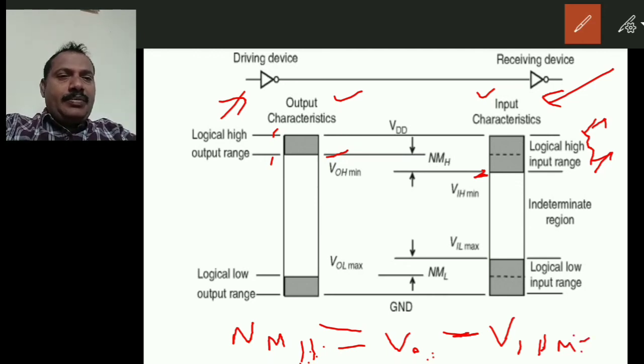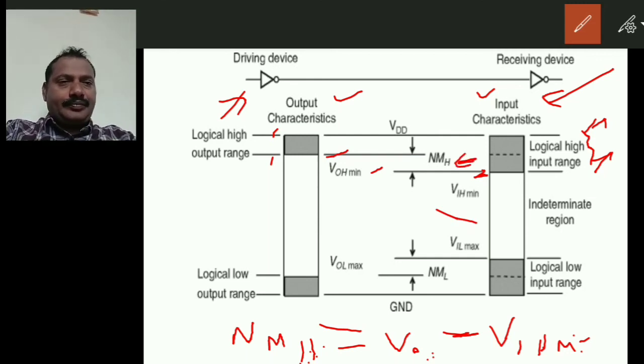Similarly, for logic 0, the voltage range is from here to here for the output driving device.